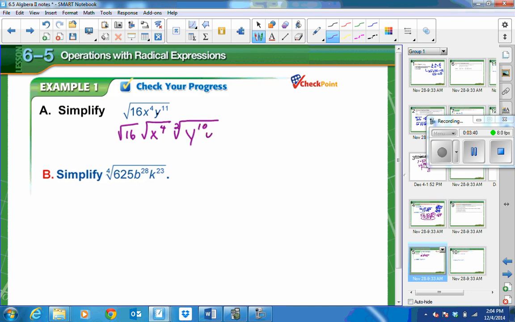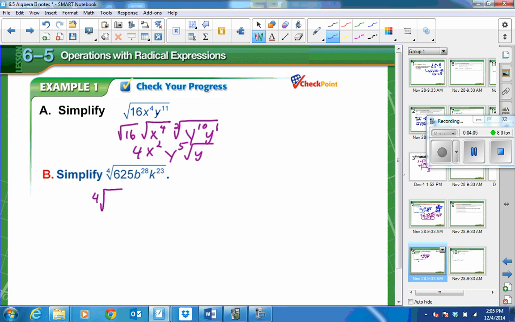So we're going to write y to the 11th as y to the 10th times y to the 1st. So when I break this down, we get 4x squared, the square root of y to the 10th becomes y to the 5th, and then we have the one single y that's left underneath the radical.